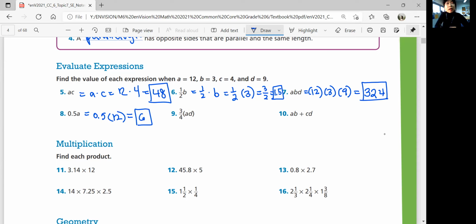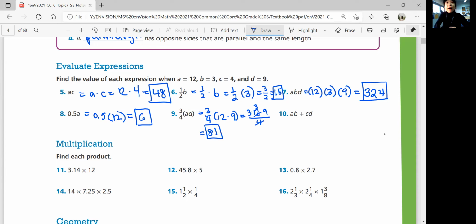Number 9, 3/4 times AD. 12 times 9. That just means you multiply 3 times 12 times 9 divided by 4. What does that give you? You can simplify 4 with 12. 3 times 3 times 9 is 9 times 9, which is 81.